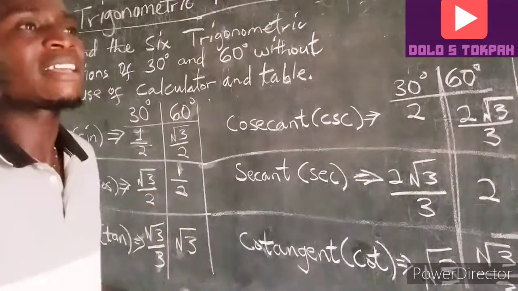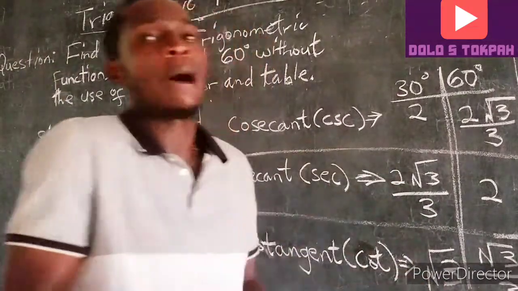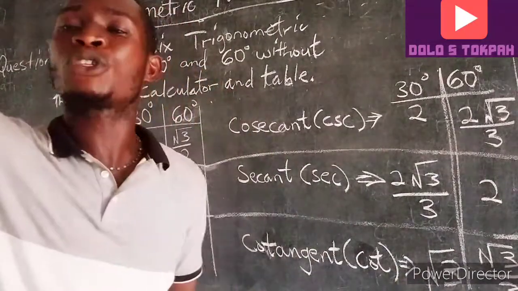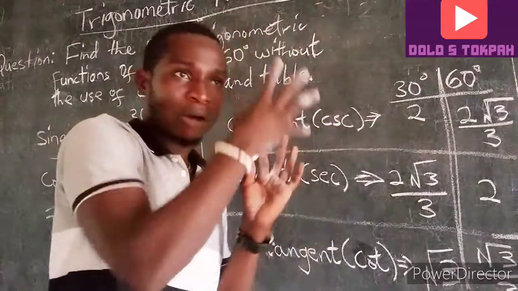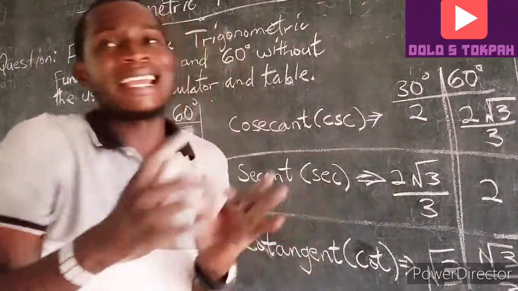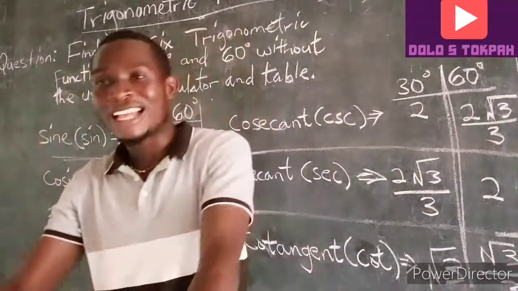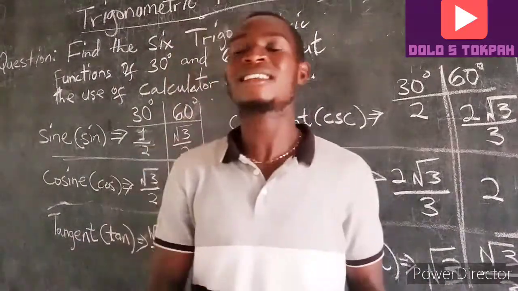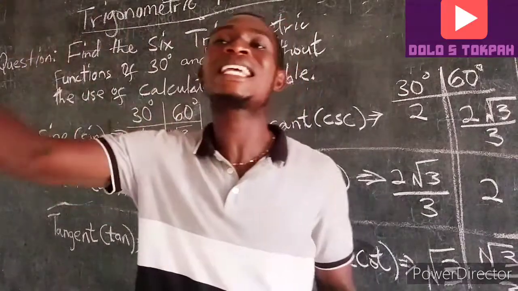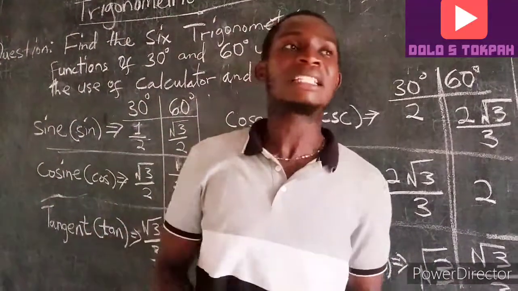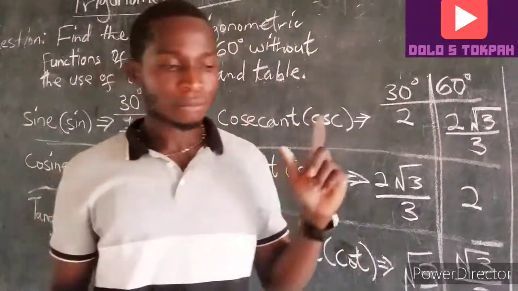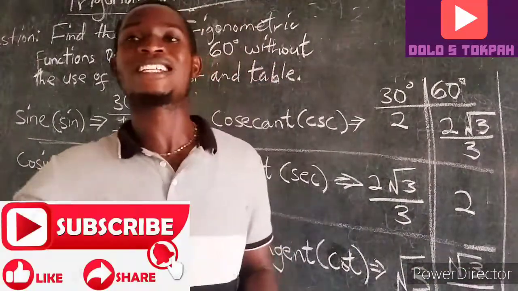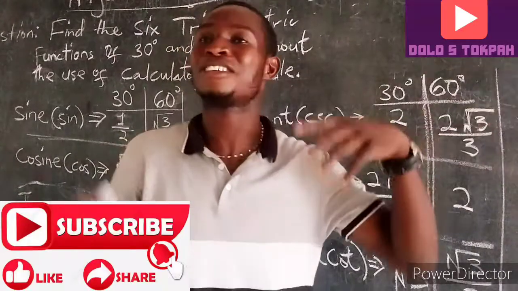Since sine is opposite over hypotenuse, it means that cosecant will be hypotenuse over opposite. And since cosine is adjacent over hypotenuse, this also means that secant is hypotenuse over adjacent because secant is the opposite of cosine. Since tangent is opposite over adjacent, this also means that cotangent will be adjacent over opposite.